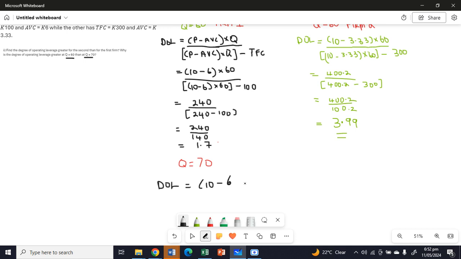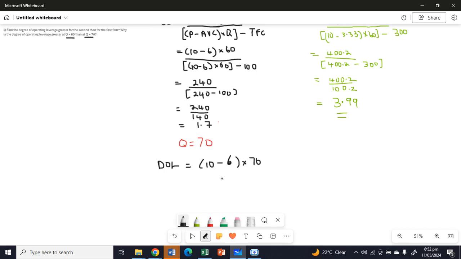So 10 minus 6 times 70, divided by 10 minus 6 times 70 minus 100. So let's get our calculators.